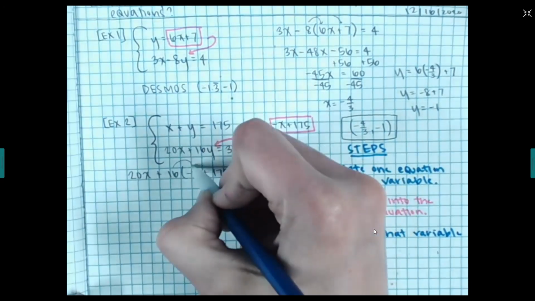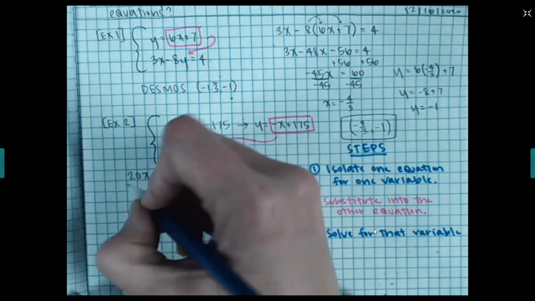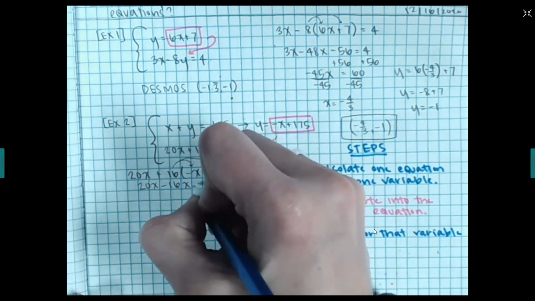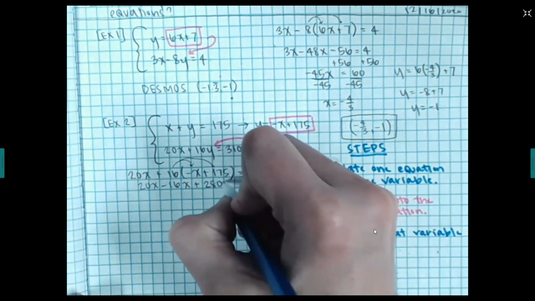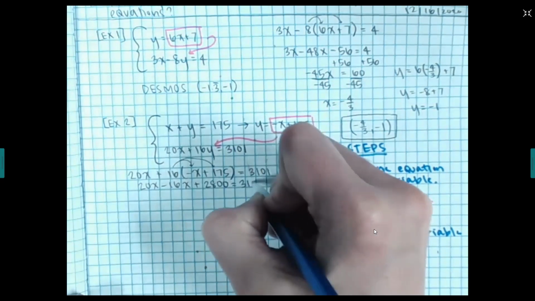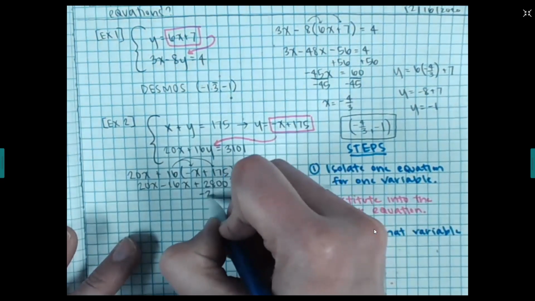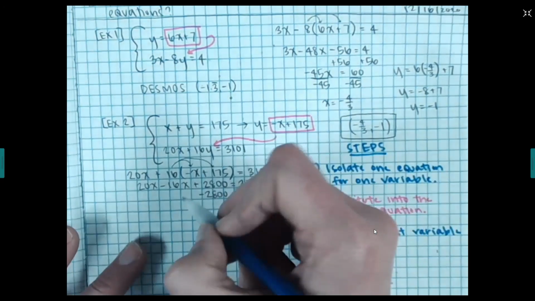So I'm going to distribute 20x minus 16x plus 2800 equals 3101. And then I'm going to subtract the 2800 and combine my like terms.